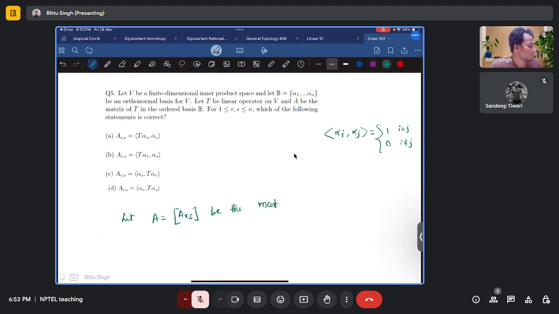Now you know that any element phi can be written as the sum of Ci alpha i.